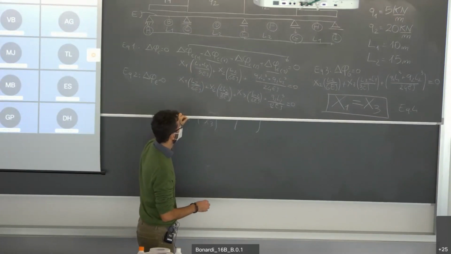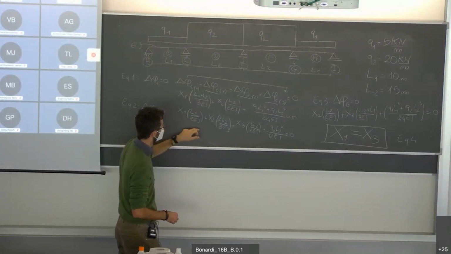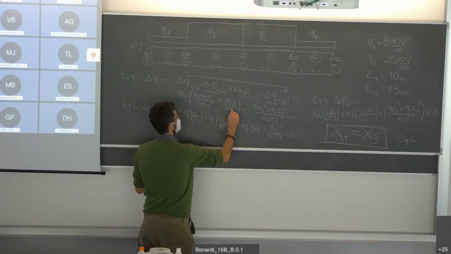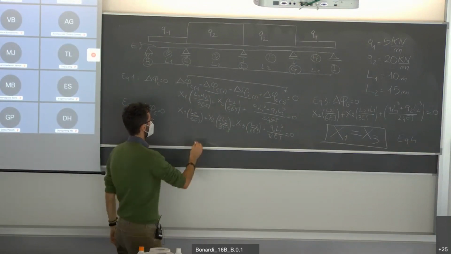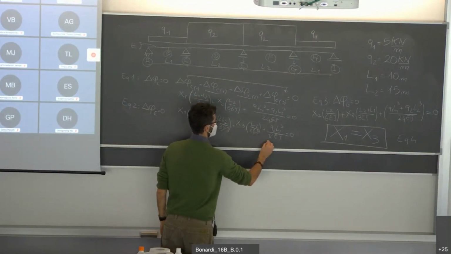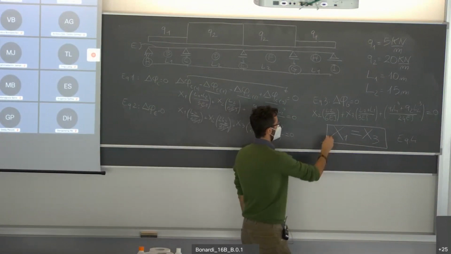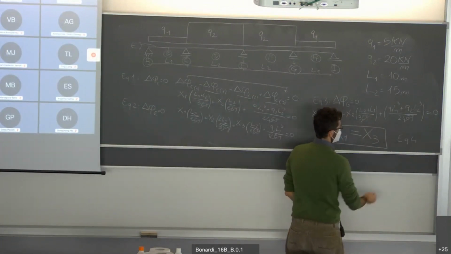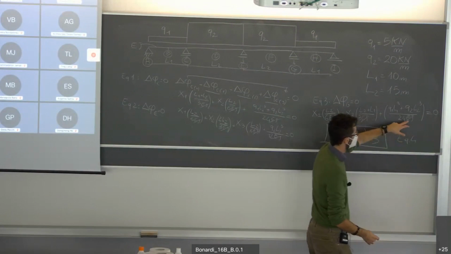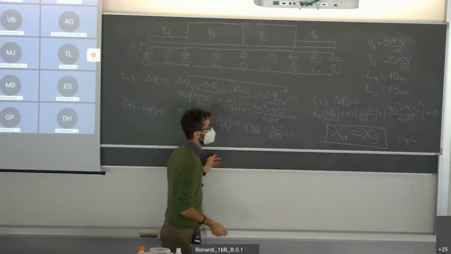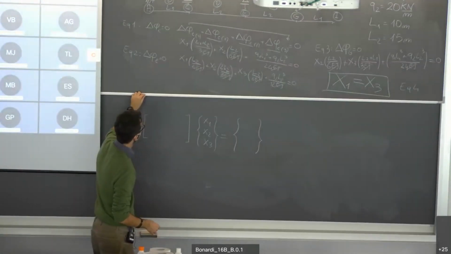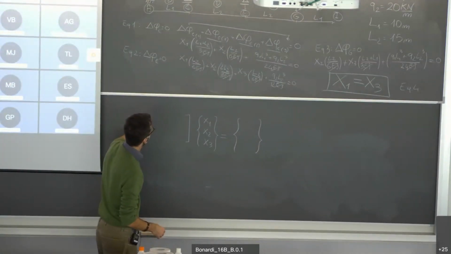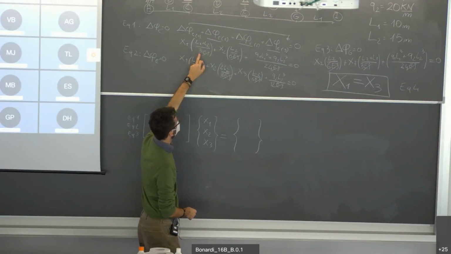Before I go on, something that we can do to ease our computation is to multiply everything times E iota, because they are the same. If we multiply both this term and this term times E iota, they just disappear. So that's easier. In the first equation, x1 is multiplied times this stuff.